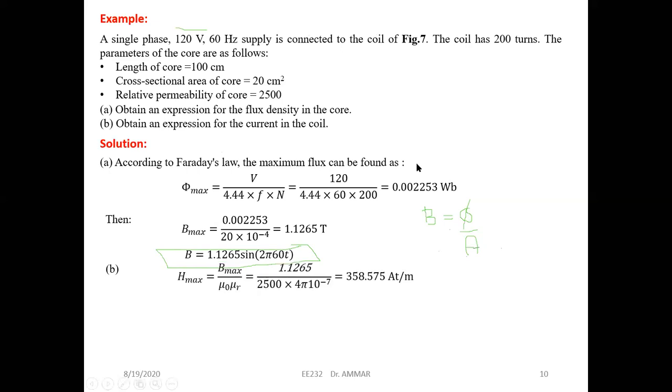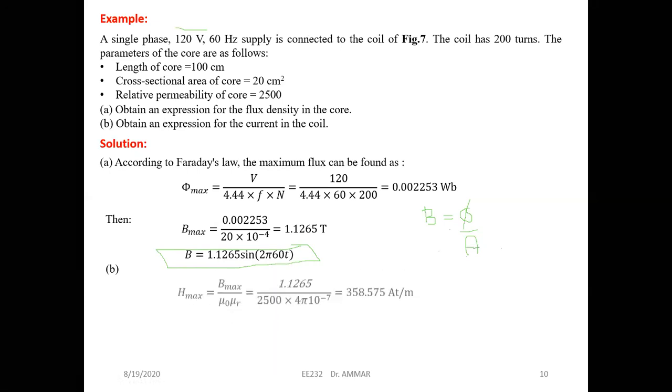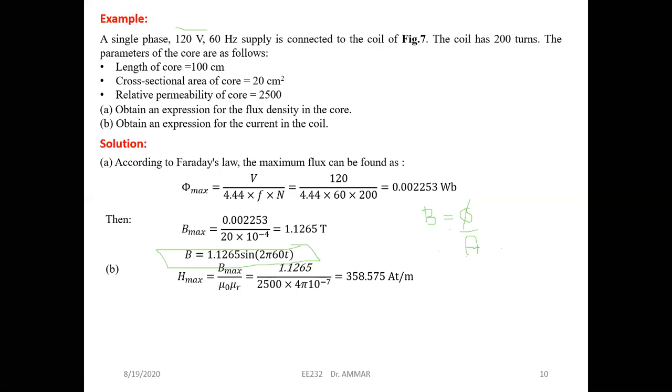So how can we find the current? The current can be found from Ampere's law. The current is always related to H. So we know that HL equals NI. Always the current is related to the intensity H. Since we have the density, we can calculate the intensity.